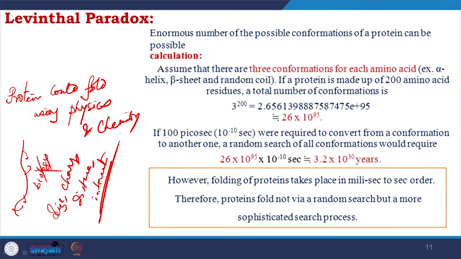So, what Levinthal proved is that protein folding is not a random phenomenon. The protein is not randomly searching for a stable interaction and then finding it. Rather, it is a sophisticated search process. It is a thermodynamically driven process.